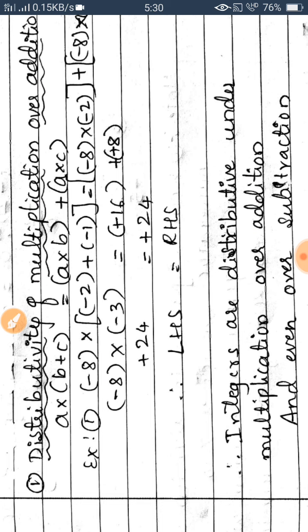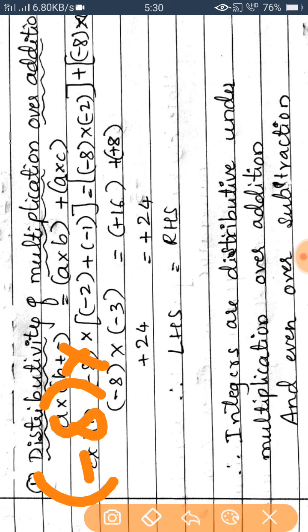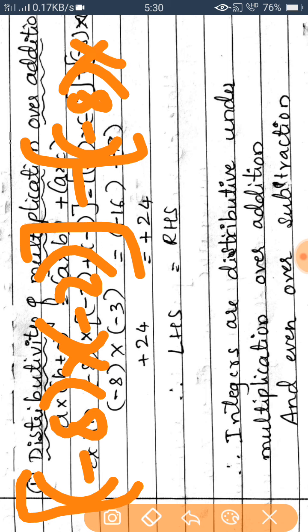So after distribution, what is the answer? Minus 8 into minus 2, subtraction, because we are doing it over subtraction, minus 8 into minus 2 minus of minus 8 into minus 1.